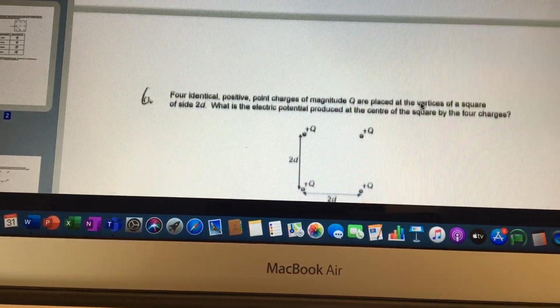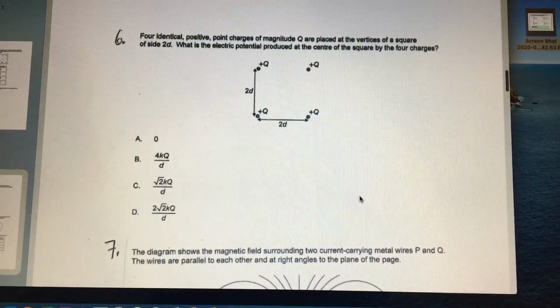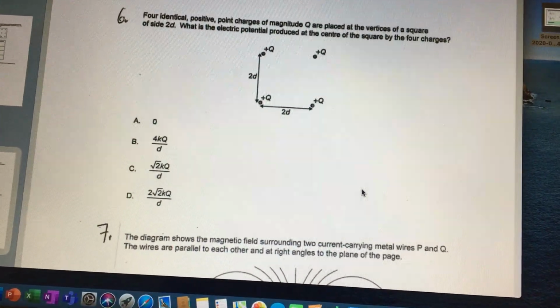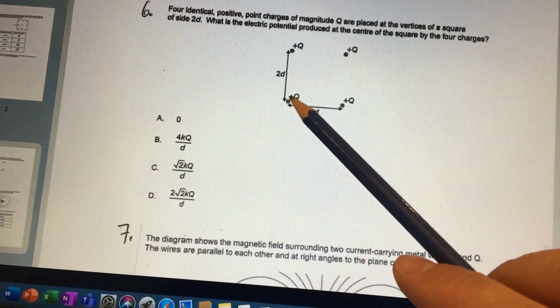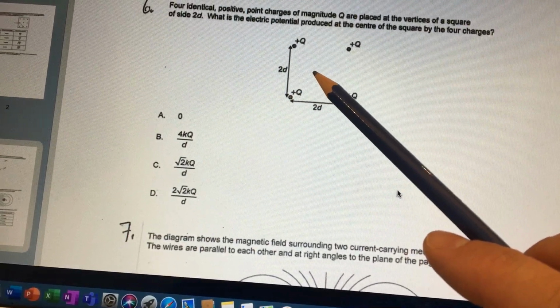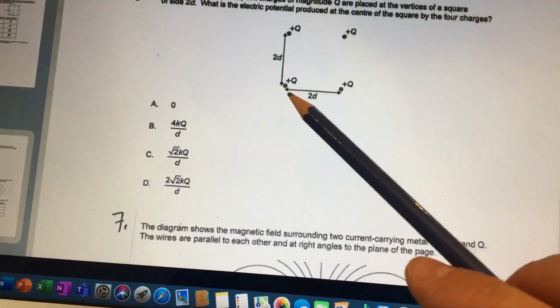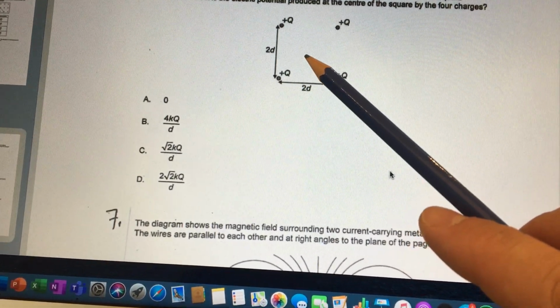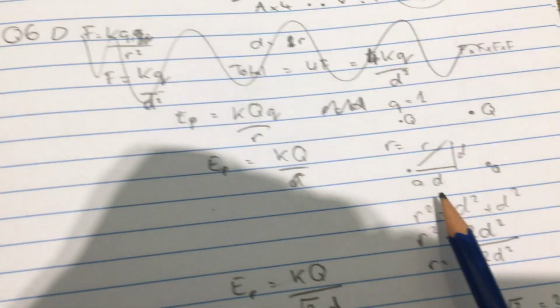Question 6. I went down the wrong route with this, and then I realised that we were dealing with the centres here, so that's R. Initially I thought, oh, it's halfway between them, R is D, but no, it's not. R is not D. You need to do this.